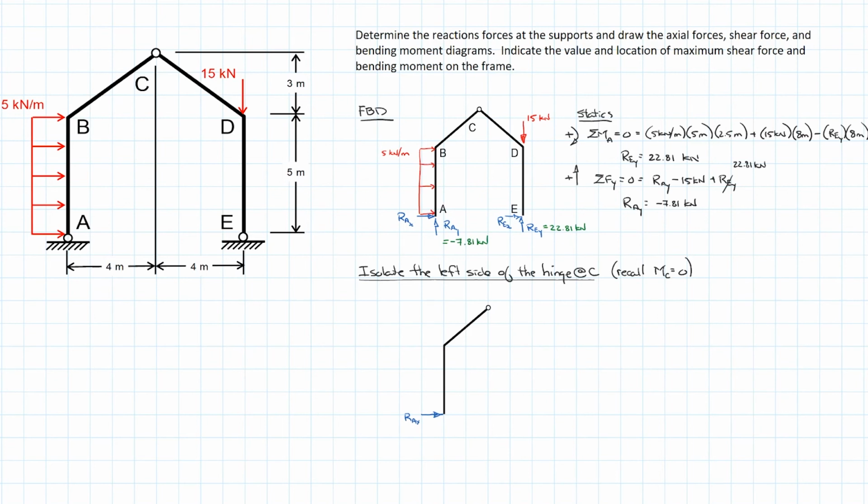We have RAY. Of course, in this case, we know it's going down, so I may as well draw it going down as RAY equal to 7.81 kilonewtons. I'll put in my uniformly distributed load like we did before.